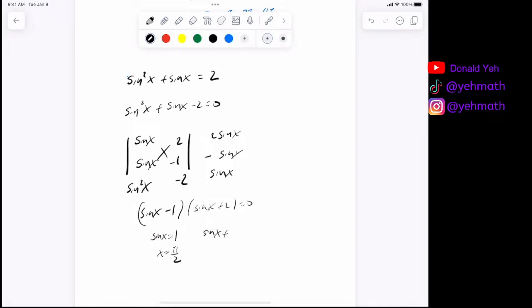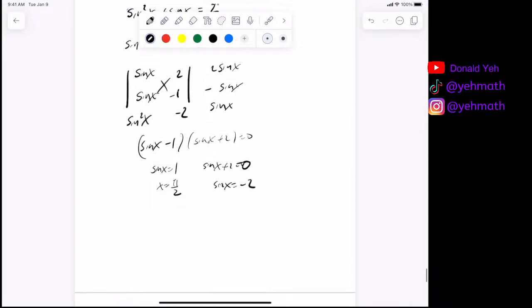Sine of x plus 2 equals 0. Sine of x equals negative 2. What is x here? No solution.